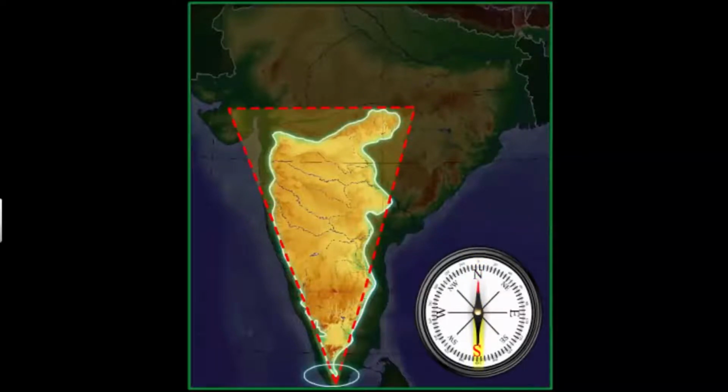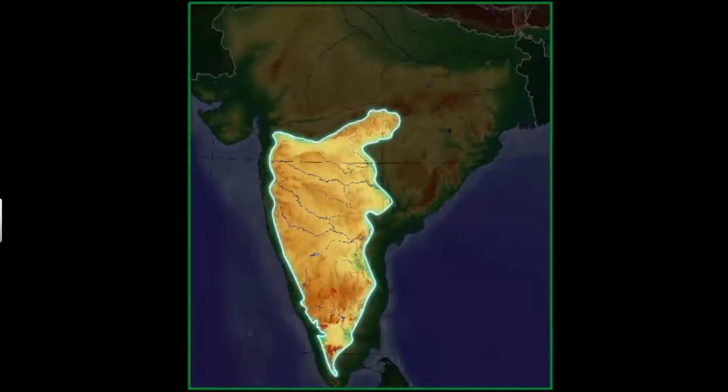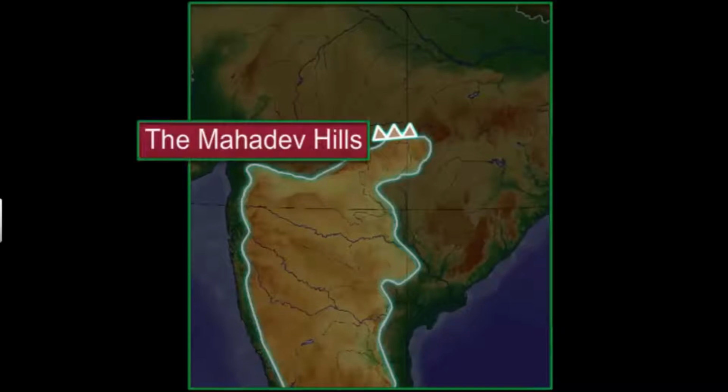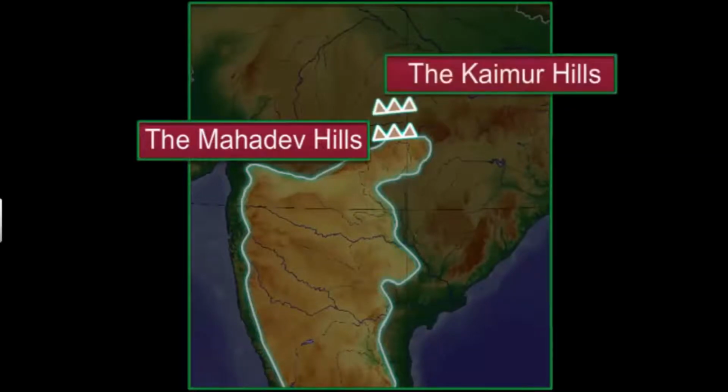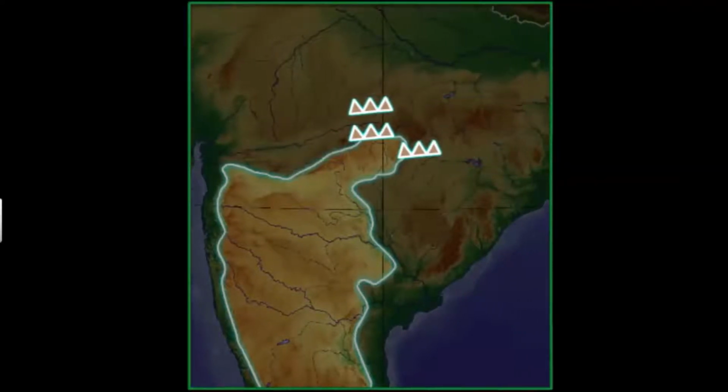The Satpura range borders this base in the north. On its eastern side, it has the Mahadev Hills, the Kaimur Hills and the Maikal Range. The Deccan Plateau is higher in the west and slopes gently eastwards.